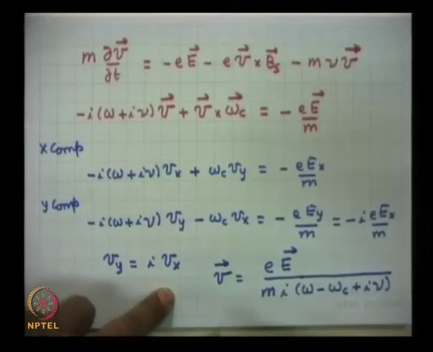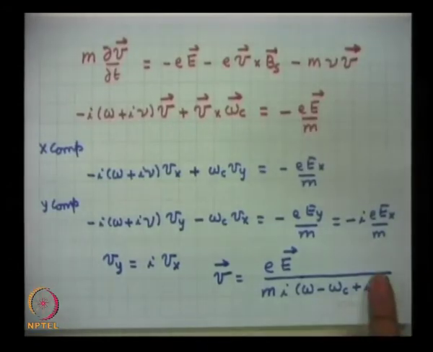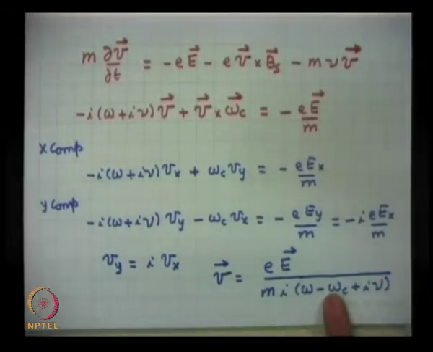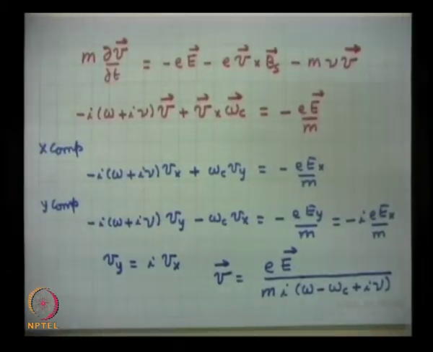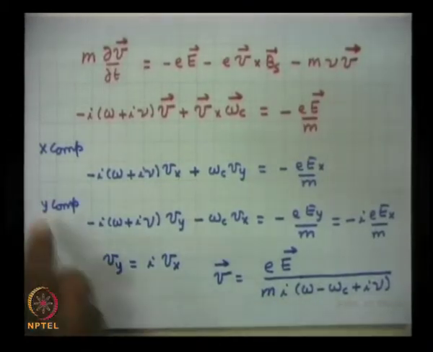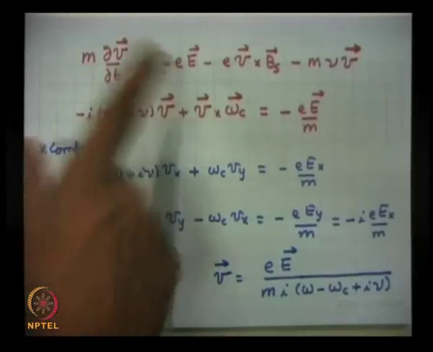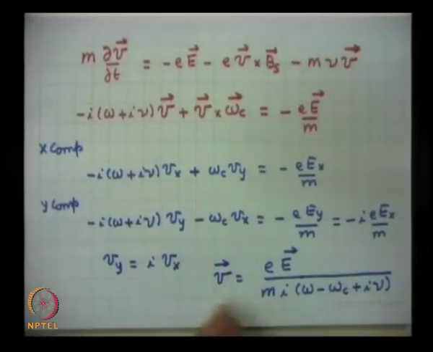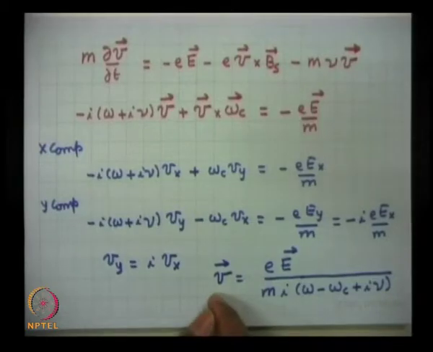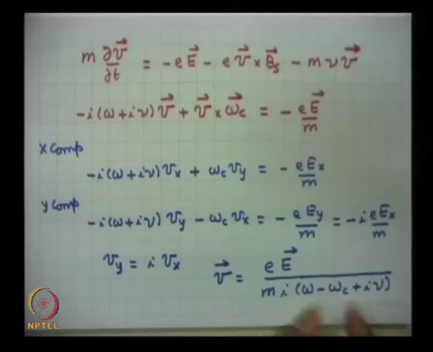So, for a right circularly polarized wave, the electron velocity has a resonance denominator, because if I ignore ν, then there is a resonance in the velocity at ω equal to ωc. That is a very interesting thing. So, the total response of electrons to the right circularly polarized electromagnetic field is to acquire a right circularly polarized drift velocity with resonance at ω equal to ωc.